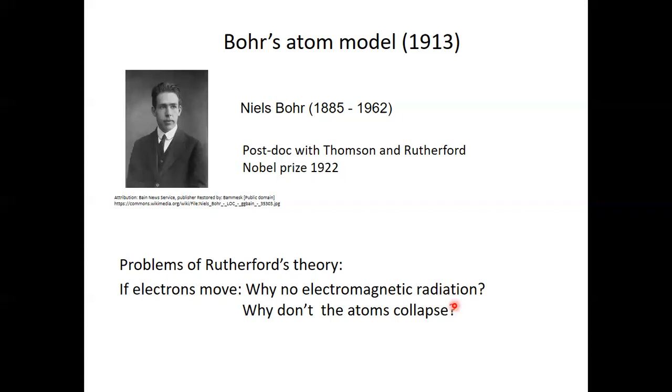Atoms are actually pretty stable, and they don't just collapse. So that meant that this atomic model, while maybe a step forward, still doesn't correctly reflect reality, and couldn't be the final atom model. And as we know today, the Rutherford atom model is not the final atom model.